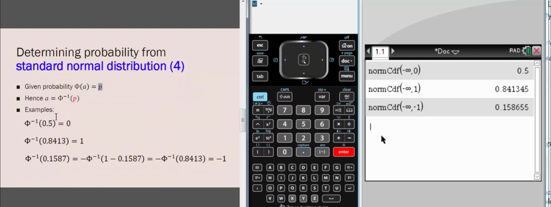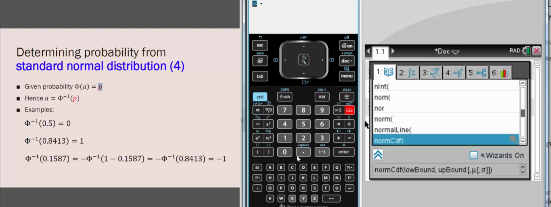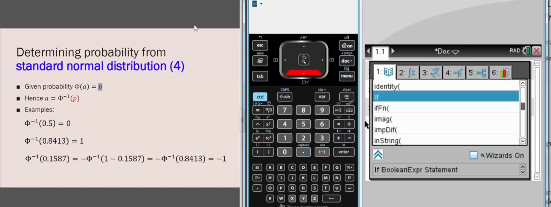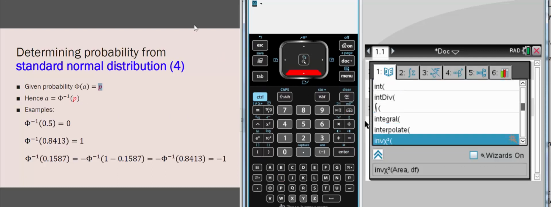Well, you can try to look it up from a table, or there's a much easier way on the calculator. So this is the inverse operation. So we press the book key and press I, to find the inverse normal command.